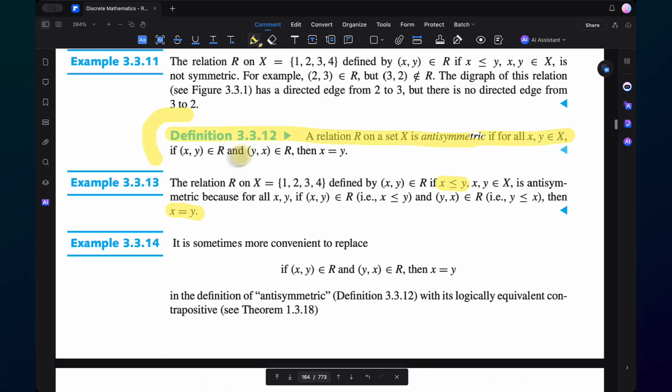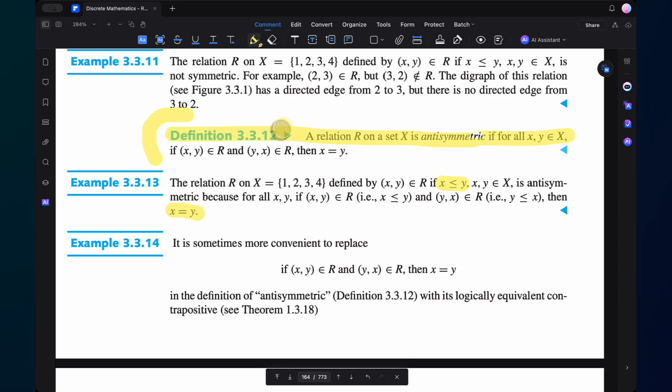So definition, really important. A relation R on a set X is anti-symmetric if for all x and y in X, if (x, y) is in R and (y, x) is in R, then x equals y.